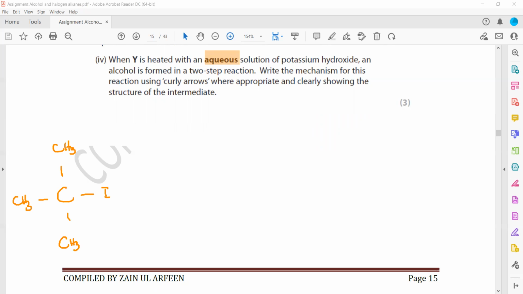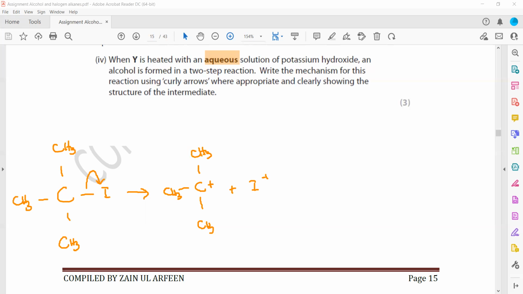Then, because here the bond should break, both of these electrons are taken by this iodine. So the intermediate will form a carbocation, and this carbocation will be more stable because it is surrounded by more alkyl groups. That's why it's more stable. This is the first step, plus iodide ion.